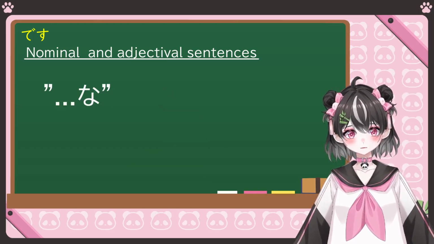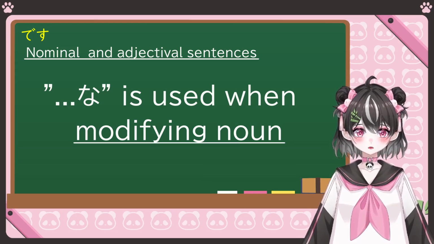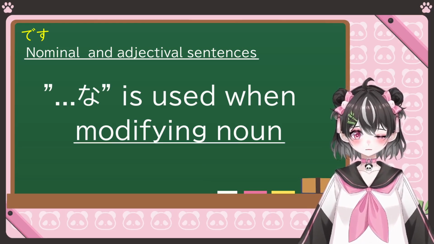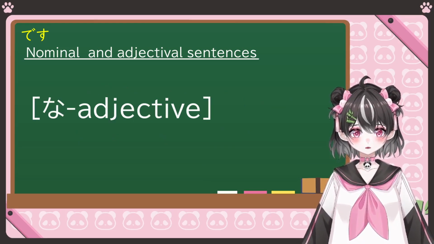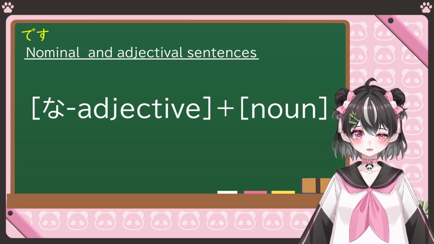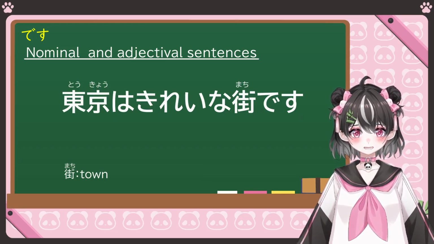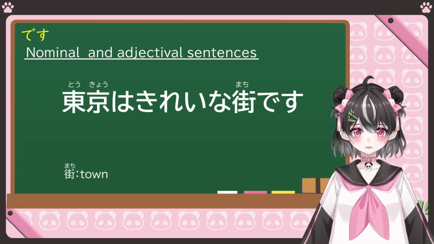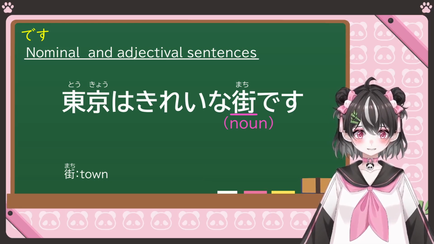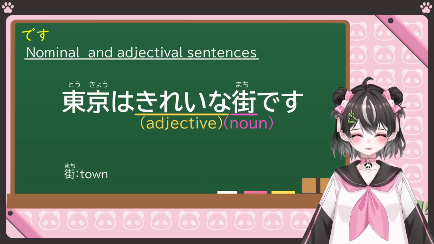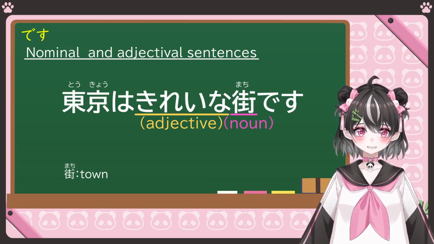The な form is used when modifying a noun. In other words, when the adjective comes before a noun. For example, 東京はきれいな街です。There is a noun, 街, after the adjective. So you use きれいな here.